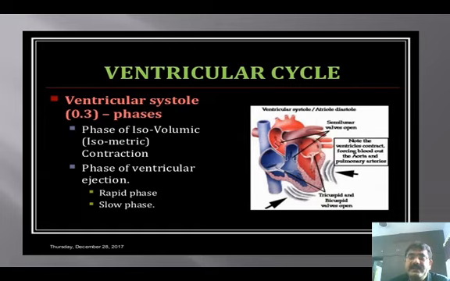From the right ventricle the blood enters into the pulmonary aorta, and from the left ventricle the blood enters into the systemic aorta. Okay, so in this way the blood is transported or pumped by the heart.